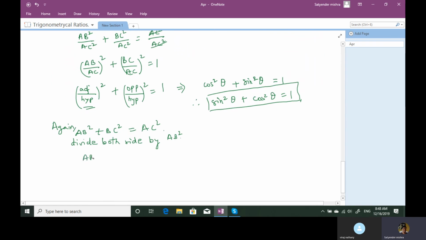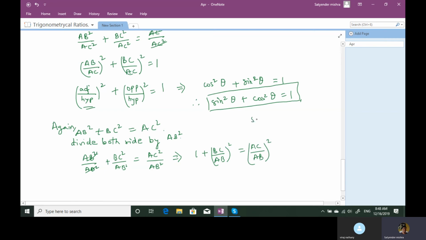So AB square by AB square plus BC square by AB square equal to AC square by AB square. So AB square and AB square got cancelled. So this implies 1 plus BC by AB whole square equal to AC by AB whole square, right?